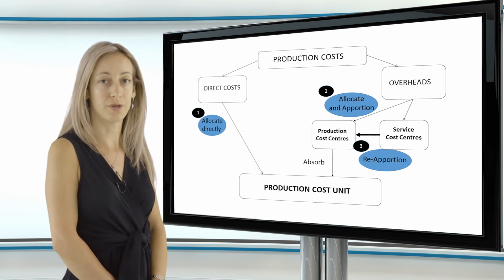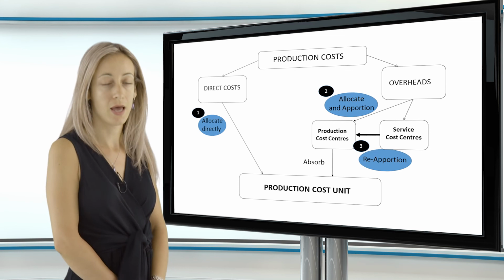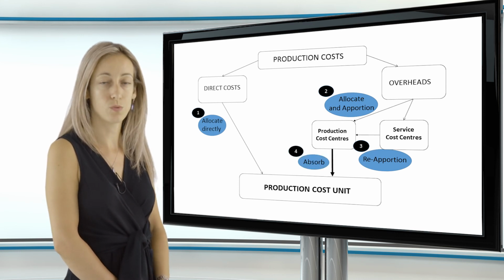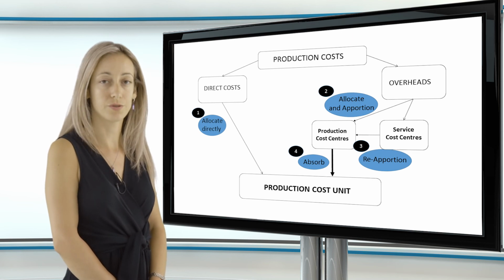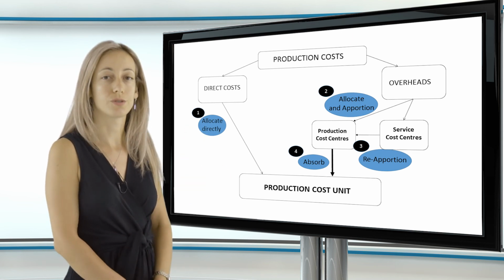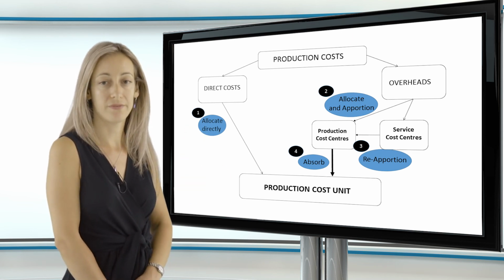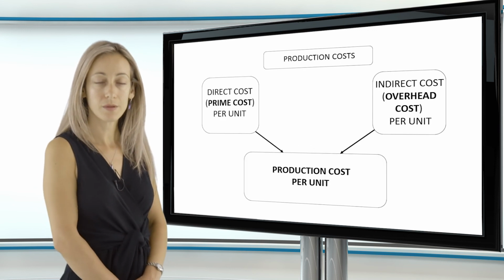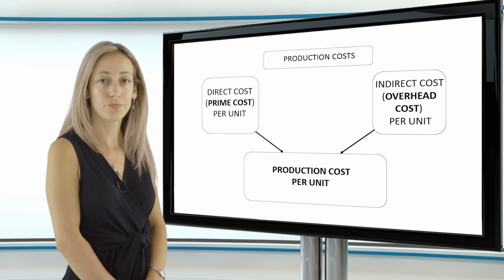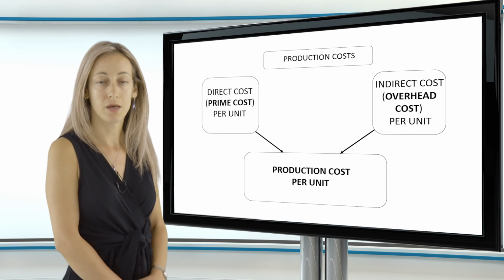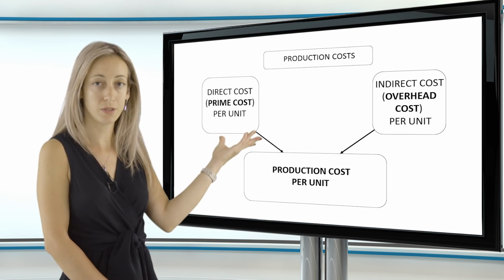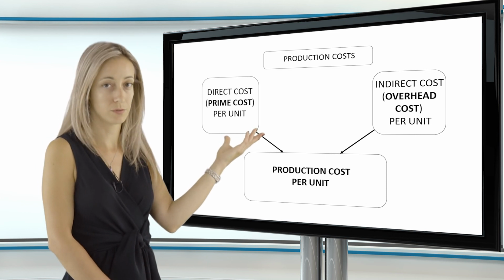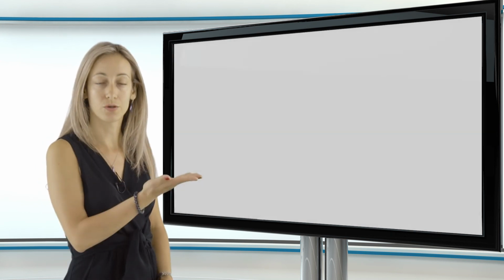That's what we call reapportionment, step number 3. And the last step, the final one, we absorb all the production costs from the production cost centers into our cost units. So we have now been able to calculate the full production cost per unit, made up of the direct cost per unit, the one we call prime cost, and the overhead cost per unit.